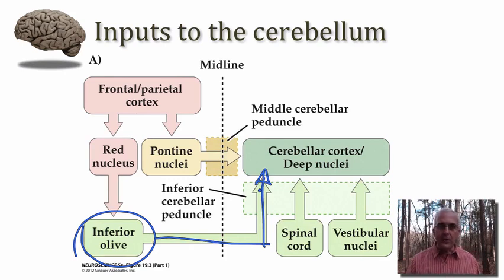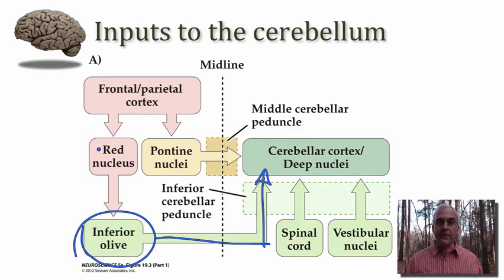And the inferior olive is providing a learning signal for the cerebellum. We will talk about this in some detail, but essentially what this signal is doing is conveying to the cerebellar cortex a time for synaptic change. And this synaptic plasticity appears to be the cellular and synaptic basis for motor learning in the cerebellum.